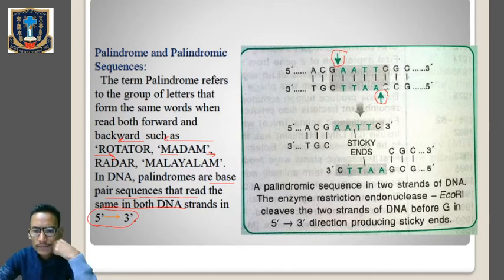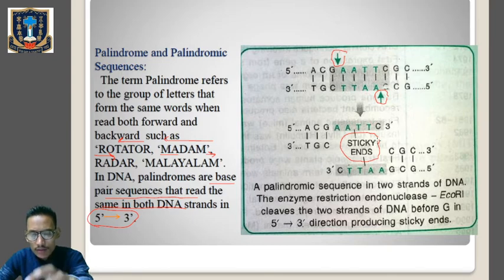So here you can see, after making the cut, in the first one, 5' to 3', GAATTC is there, right? But over here you can see that the sticky ends are being produced, TGC, TTA. So it has been cut, and ends are produced which are called sticky ends.